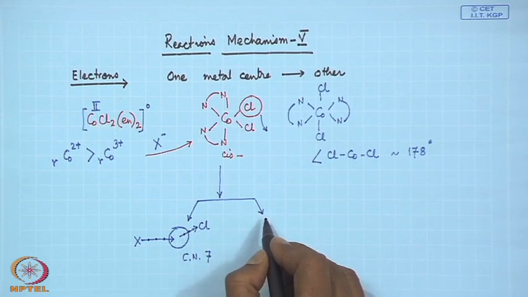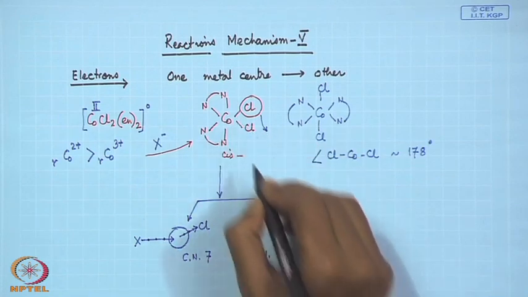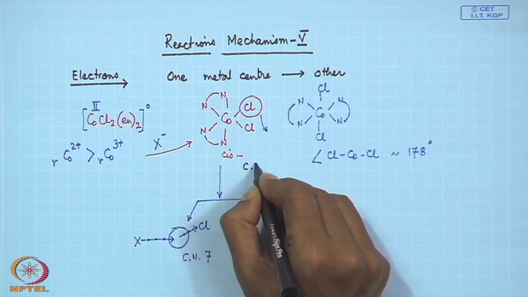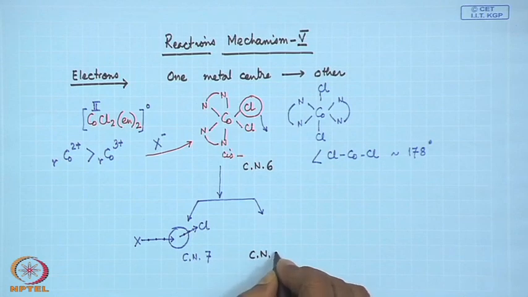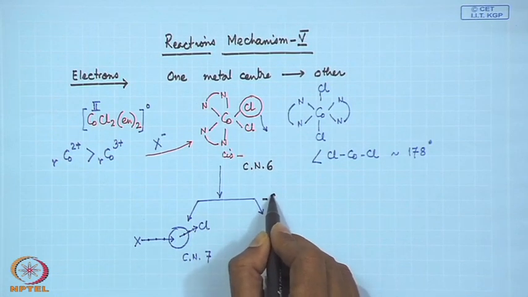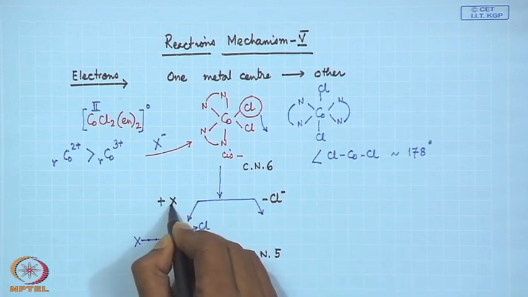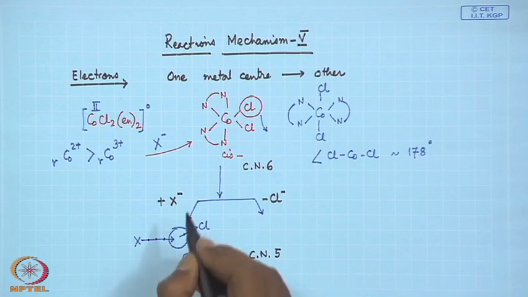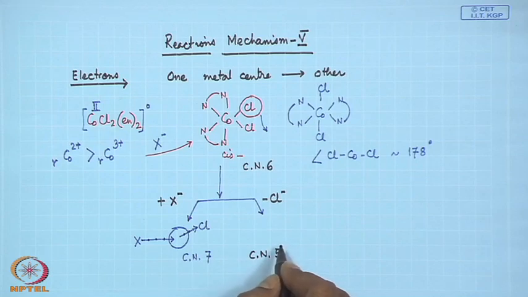And another situation is based on a coordination number less than what we have here, because here the coordination number is 6, and after removal of Cl minus and addition of X minus, we can have a situation where the coordination number is 5.